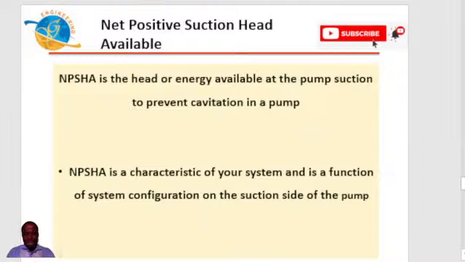Not only that, it will reduce the performance of your pump in terms of the developed head capability. There will be a drastic reduction in the pump's developed head, and also a reduction in the pump capacity.